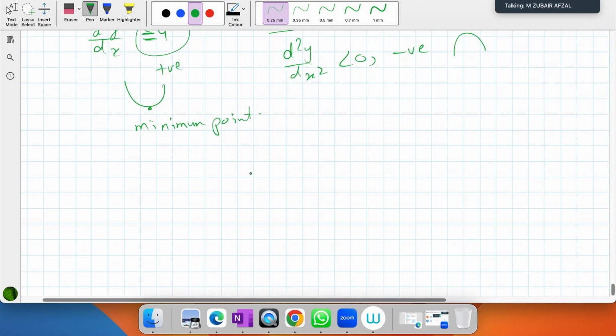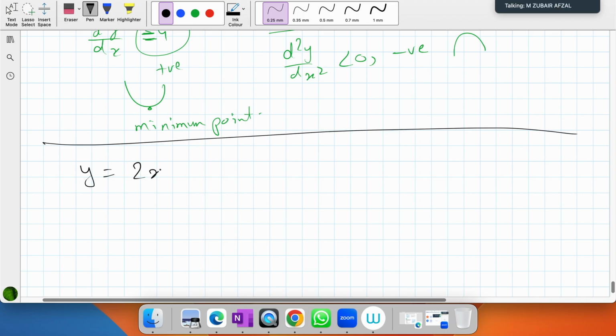I'll explain it again with one more example. y is equal to 2x cube minus 3x.